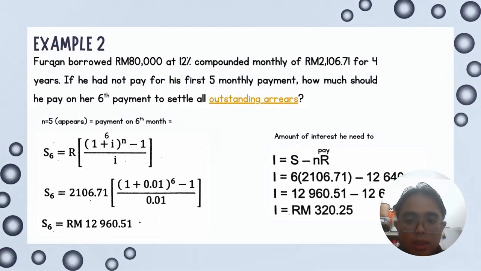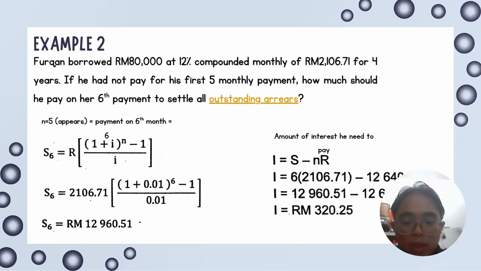Next is the example for the outstanding arrears. Here we use the future value formula to calculate the outstanding arrears. Furqan borrowed RM80,000 at 12% compounded monthly, with a monthly payment of RM2,106.71 for 4 years. He has not made payment for his 5 monthly payments.